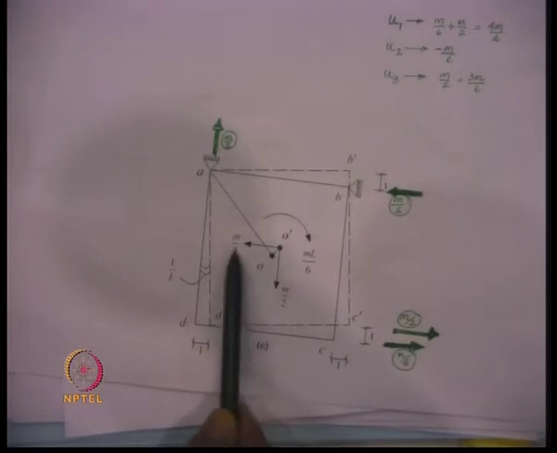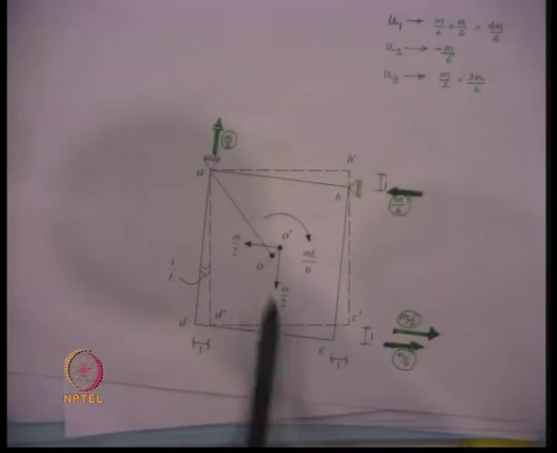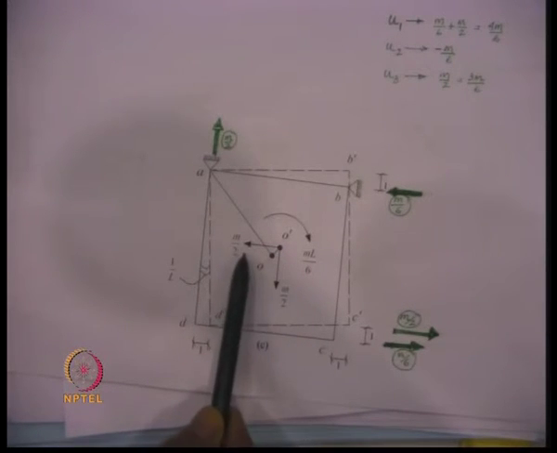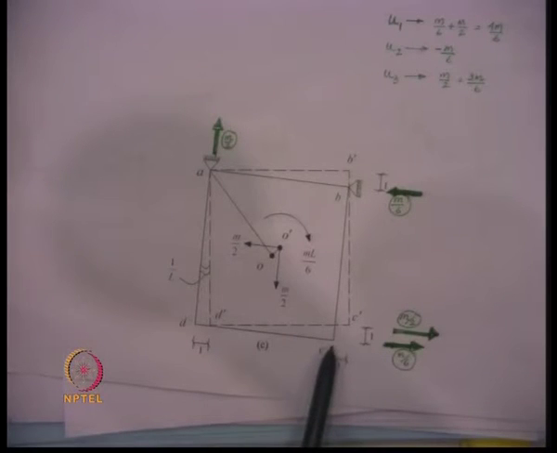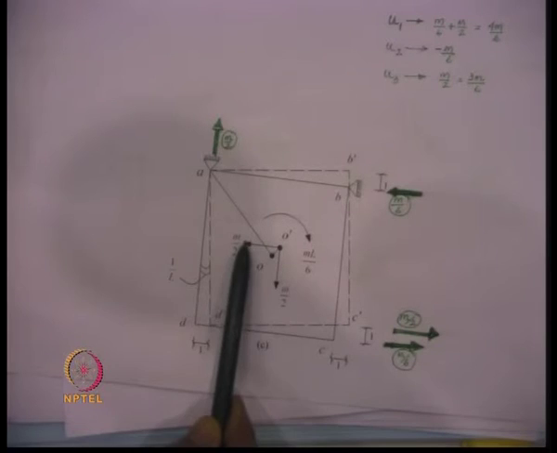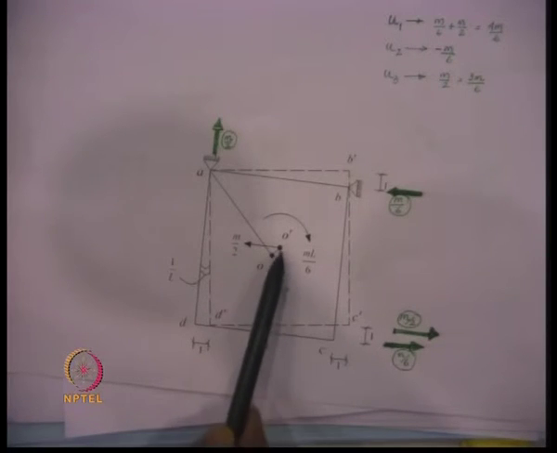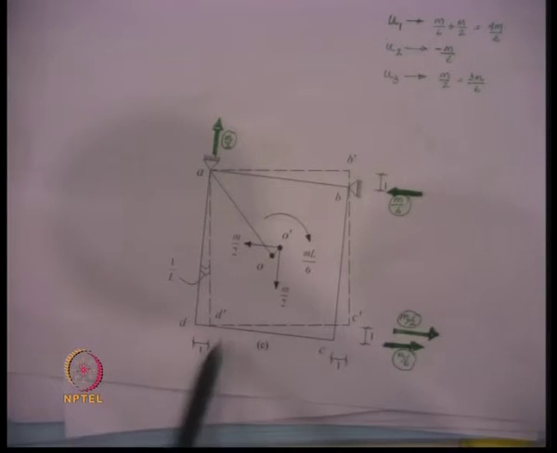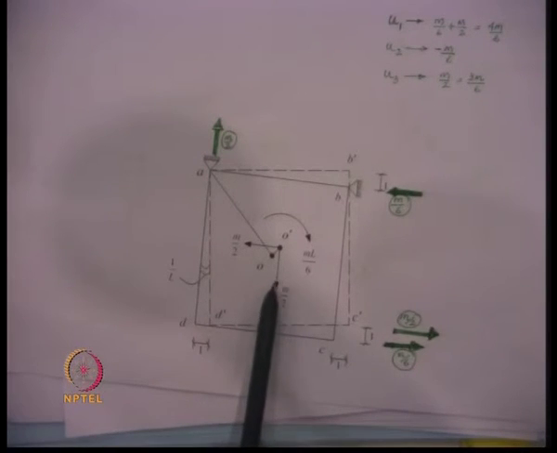And the value of them is m by 2 and m by 2, because the movement of this point in the horizontal and the vertical direction is equal to half and half if the movement of this point is 1 and 1. So, the inertia force generated here is equal to m by 2 in this direction, and the inertia force generated in this direction is m by 2. These inertia forces are again acting opposite to the direction of motion.